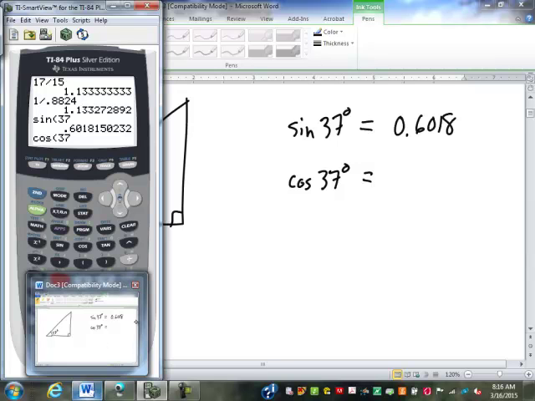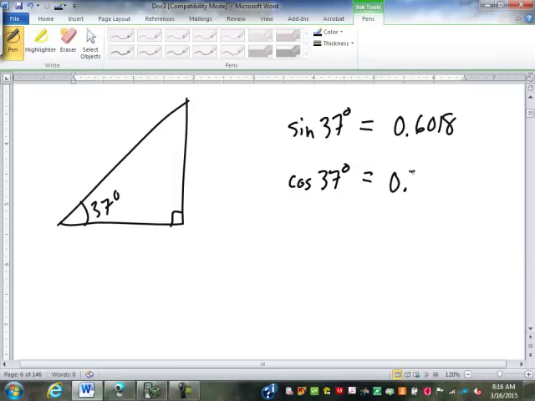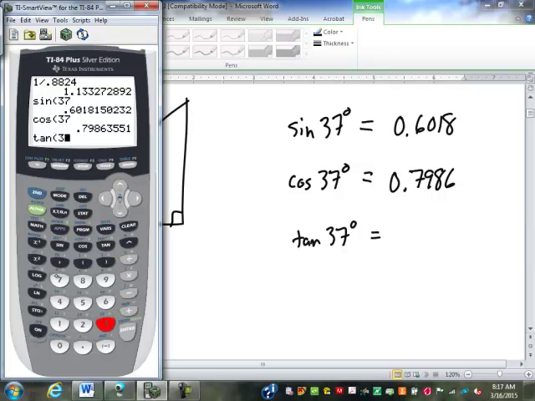What's it come up? 0.7986. Perfect. 0.7986. Tangent of 37 degrees. 0.7536 if you round it.